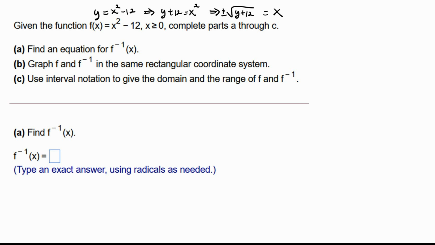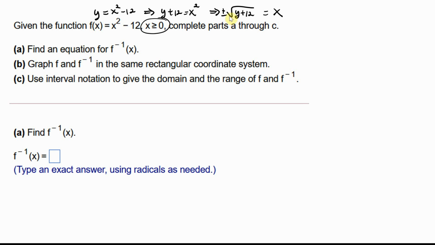And then we need to determine, do I pick the plus or the minus for the so-called range values for the inverse? Well, the range of the inverse is based on my domain for the function. Well, the domain for the function is positive.